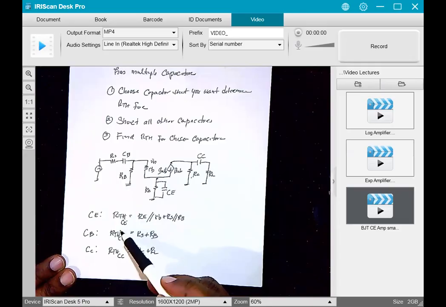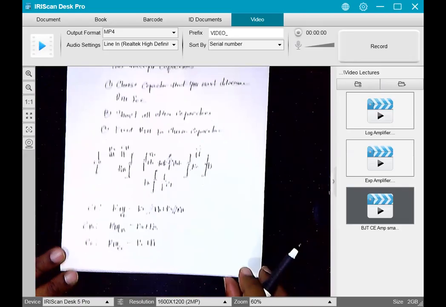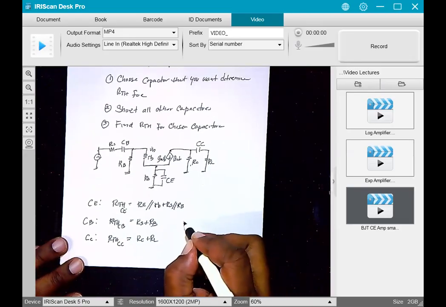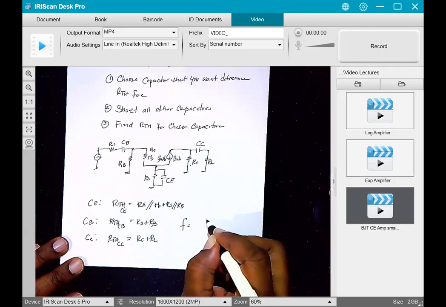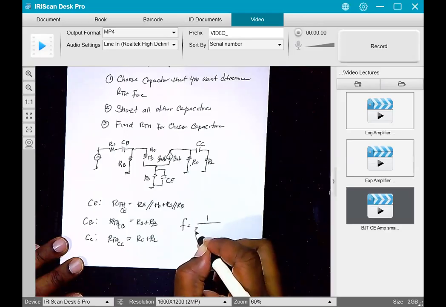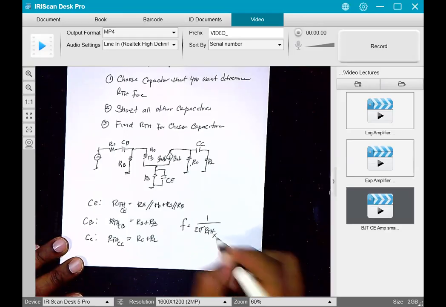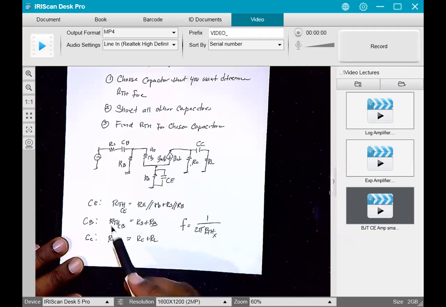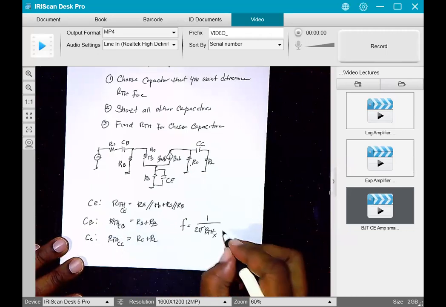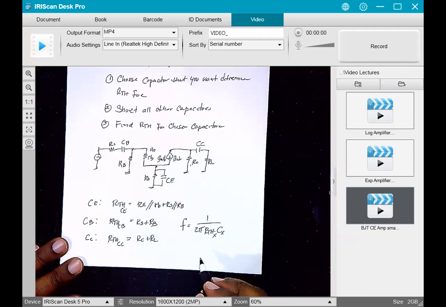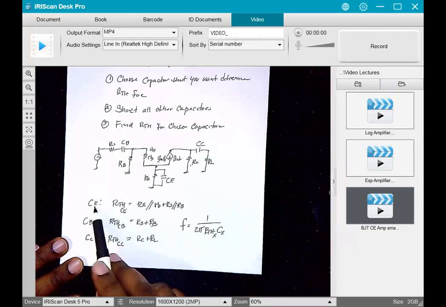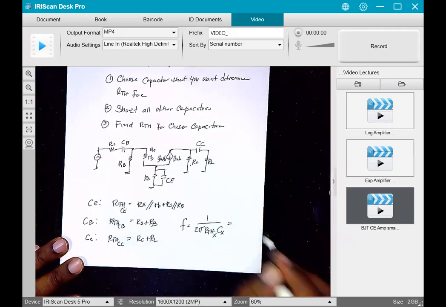So here's the R Thevenin associated with each of these capacitors. And then the pole that's associated with each one, I'm just going to write in general, F is 1 over 2 pi R Thevenin X times C sub X, where C sub X is the associated capacitor. So that's your pole location.